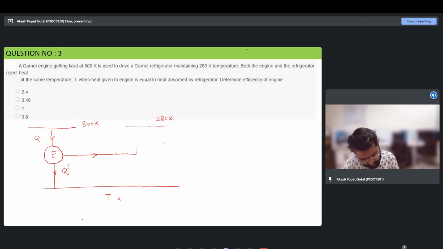So let's draw a refrigerator, R, which is getting the same heat Q, taking it out from the 280 Kelvin bath, and it is rejecting heat to the same bath at temperature T. This is for R. Right? This is the work.